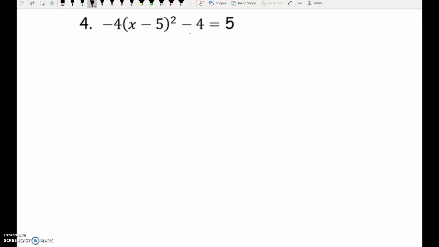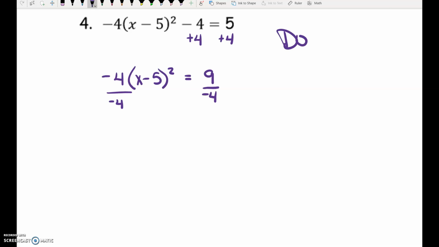On number 4, the first thing I would do is add 4 on both sides. And then I would divide by negative 4 because you cannot distribute. And you may want to put somewhere in your notes, do not distribute.